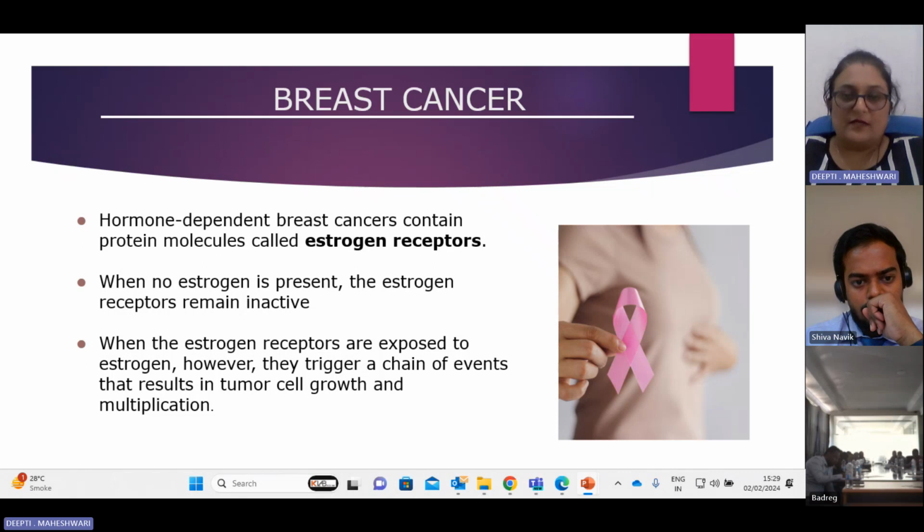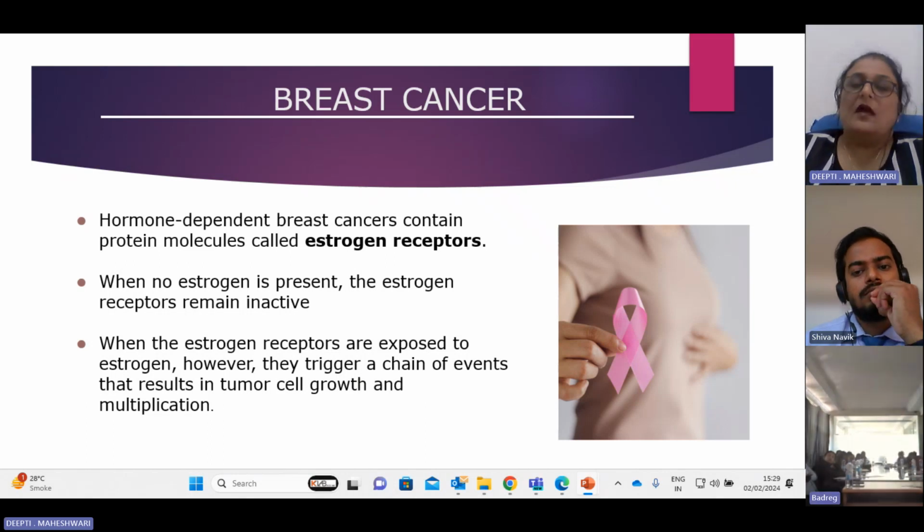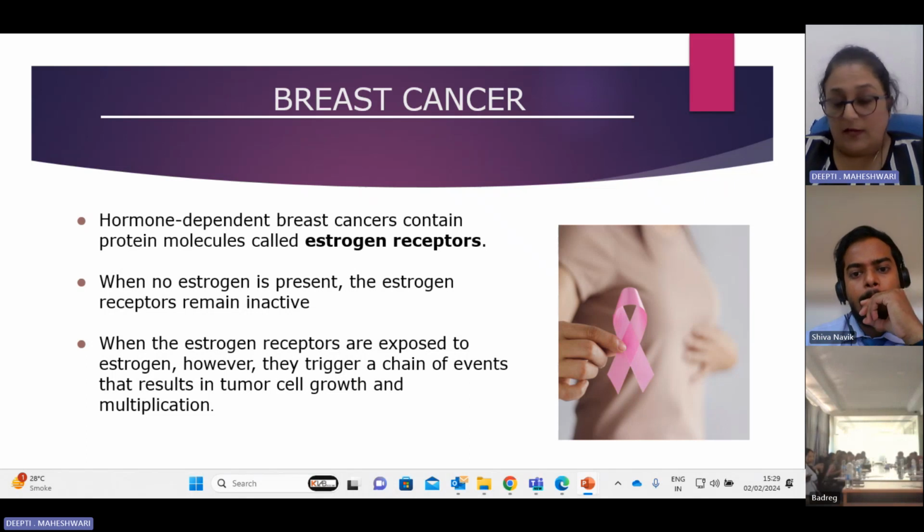Now, as we have discussed, breast cancer generally is dependent on one very important receptor, that is the estrogen receptor. Almost 70 to 80% of the patients who are seen are ER positive. You can also call it ER/PR positive, estrogen and progesterone receptor positive, or even ER positive, because they go hand in hand.